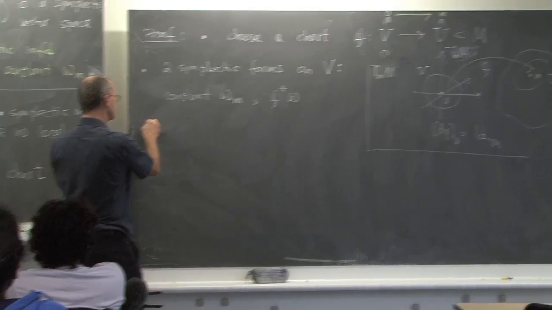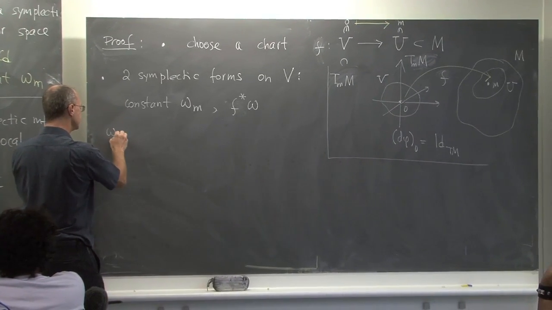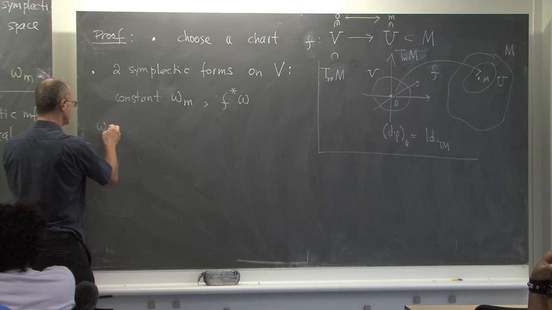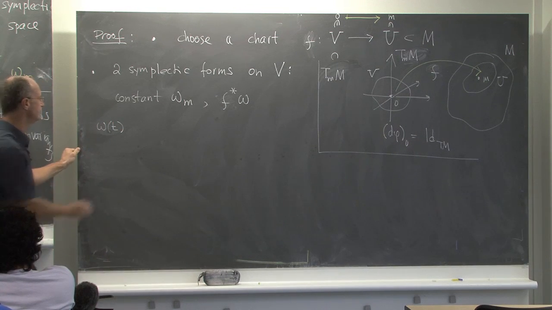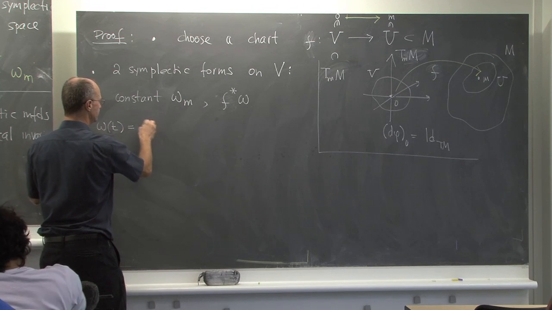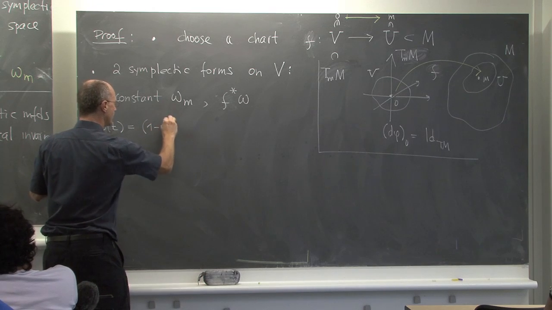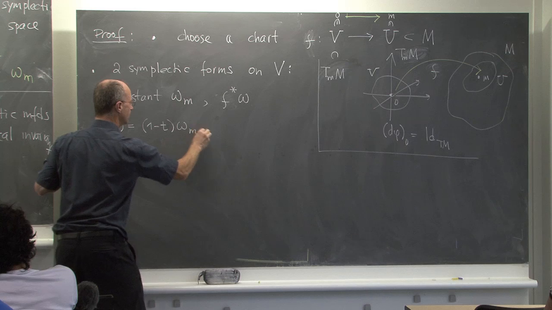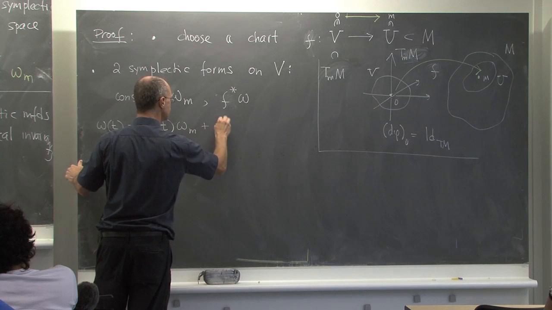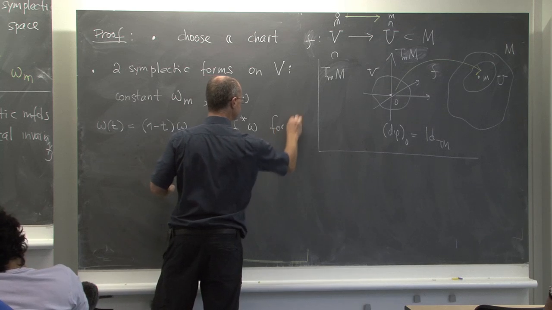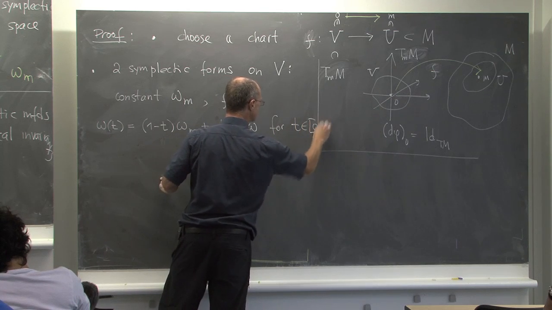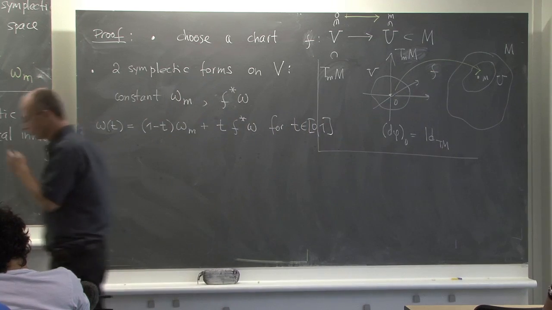And now I construct a family of symplectic forms. Let me denote it omega_t, which is equal to (1 minus t) omega_M plus t F star omega, for t between 0 and 1.